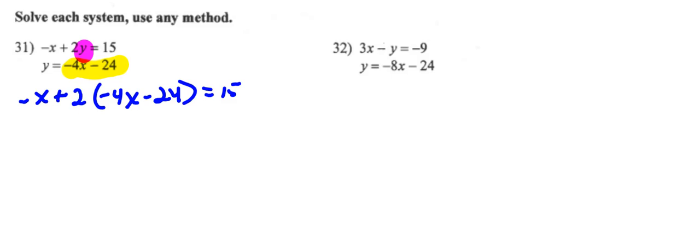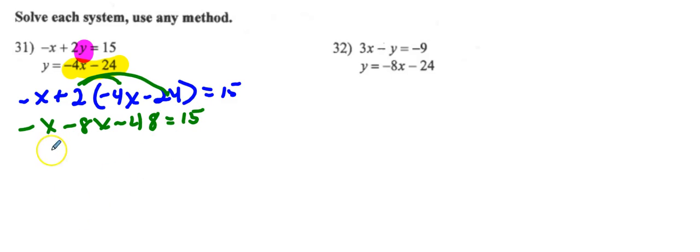First things first, we have to distribute that negative 2 to both of those. Negative x minus 8x minus 48 is equal to 15. Combine like terms. Negative 9x minus 48 equals 15.